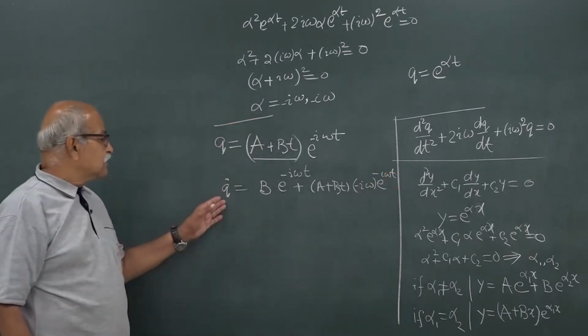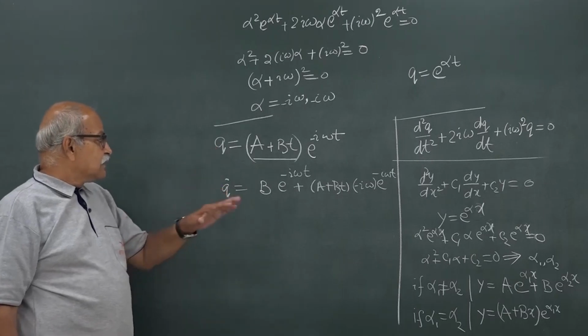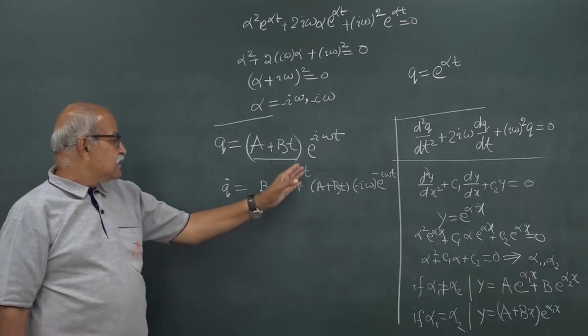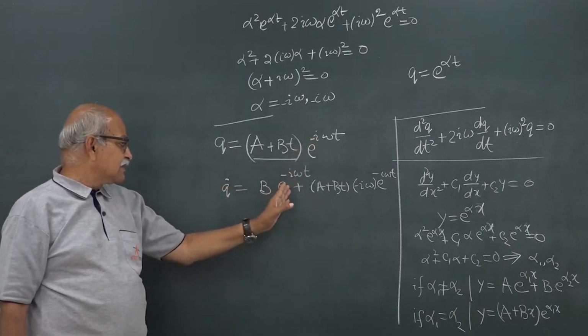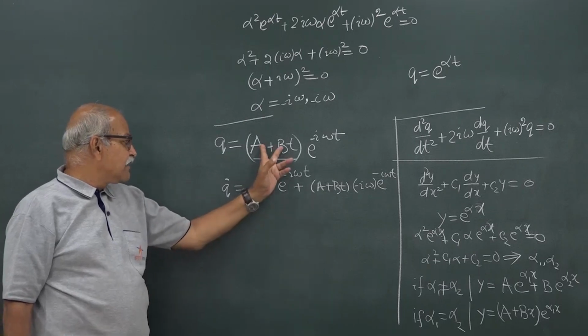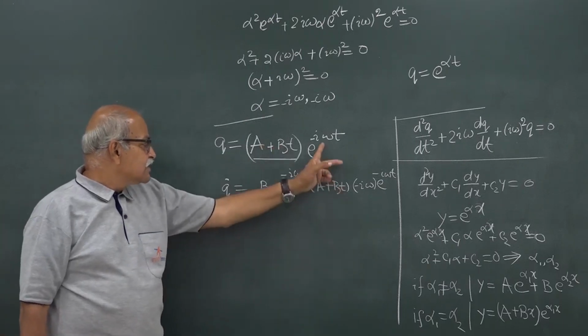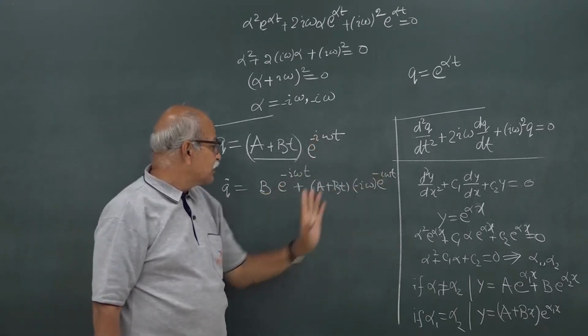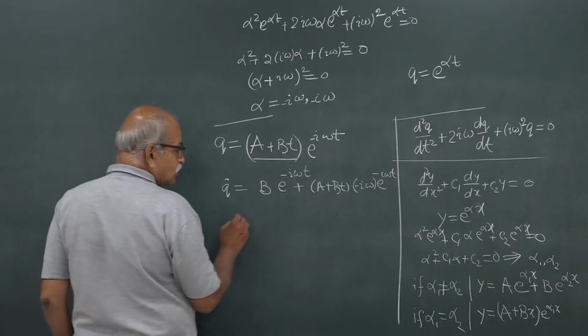Okay. q dot is the differentiation with respect to time. So, two factors, one factor is here, another factor is here. First I keep this factor intact and differentiate this factor, and then I keep this factor intact and differentiate this factor. So, minus i omega e to the power minus i omega t, this is our q dot.